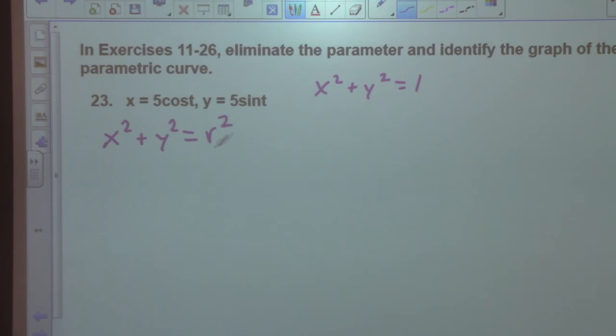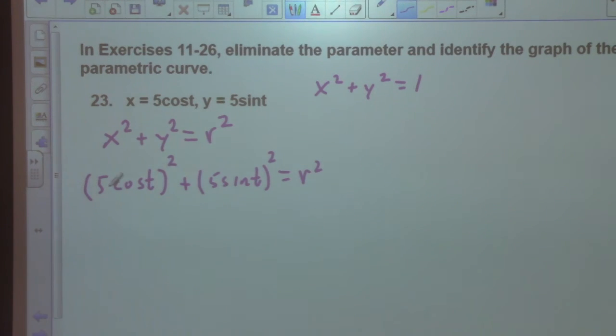This could be any radius here, right? So let's take this and replace x with this. Do you see that? So we're going to take 5 cosine t, and we just replaced x, didn't we? And then we're going to put 5 sine t, and then we have that equal to r squared.